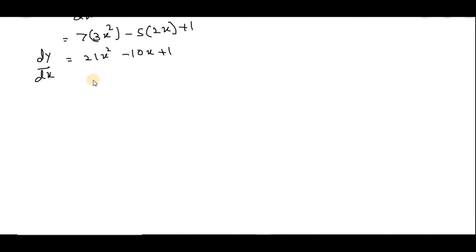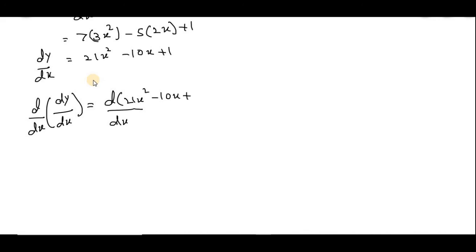Now for the second derivative, we take the derivative of the already obtained function, that is, taking d by dx of dy by dx, which is equal to d by dx of 21x square minus 10x plus 1.